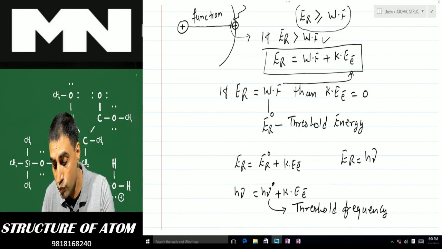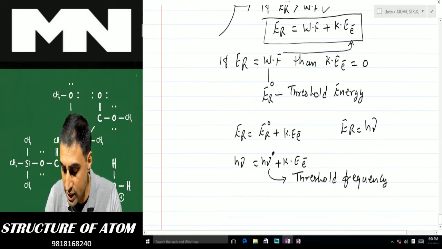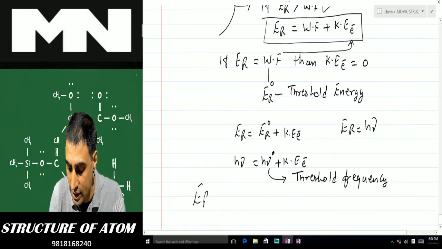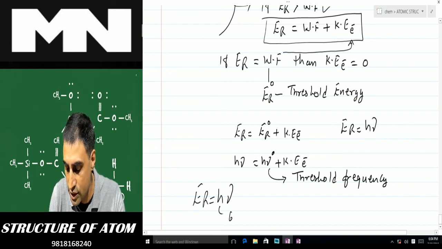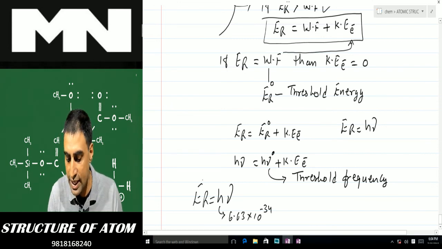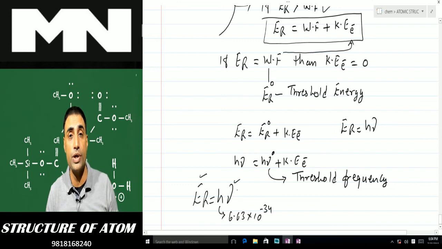What we can say, if the value of frequency is less than nu naught, you know that E equal to h nu, where h is 6.63 into 10 to the power minus 34. That means the value of h is constant. That means the energy depends only on frequency. So nu naught is the threshold frequency.